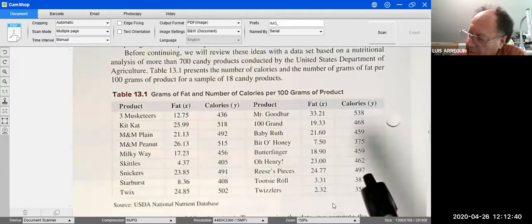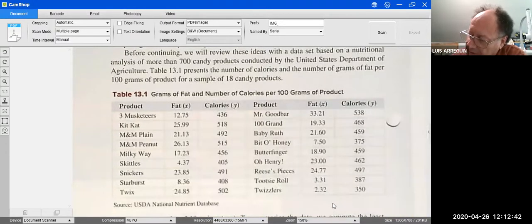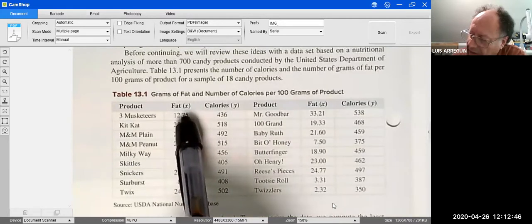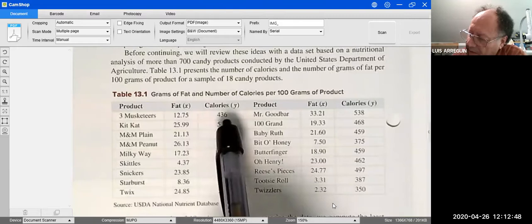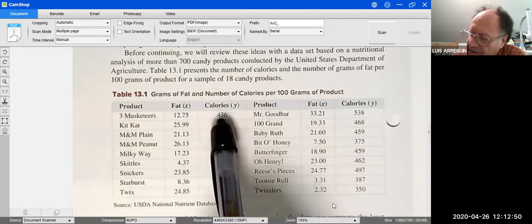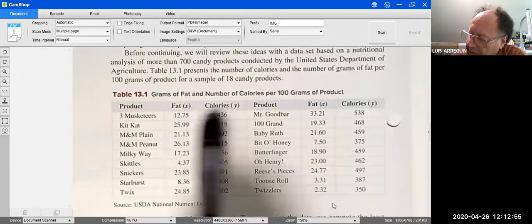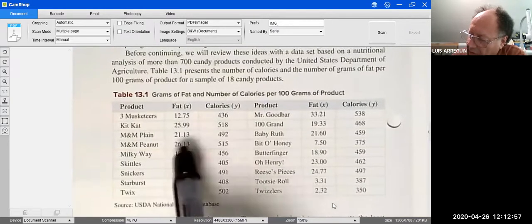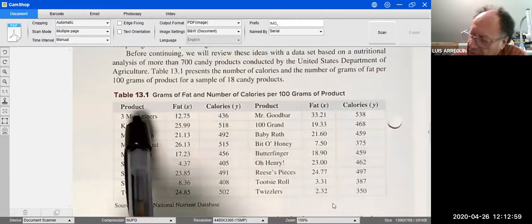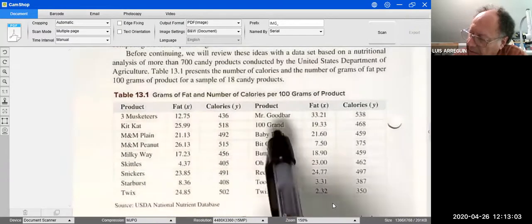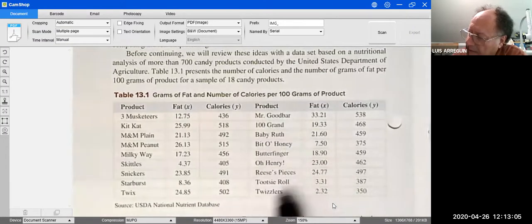So be careful because order matters. If you write 12.75 for the first value for X, the first value for Y should be 436, because these values are connected. We have here the different brands for candies and the results of the experiment.